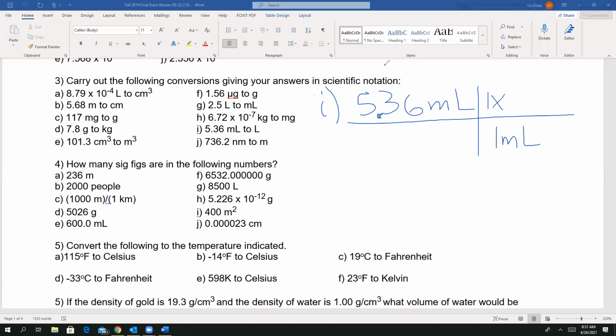One times 10 to the negative 3, right? Because it's liters. So the answer is 5.36 times 10 to the negative 3 liters. There you go. And that's how you do all of those.